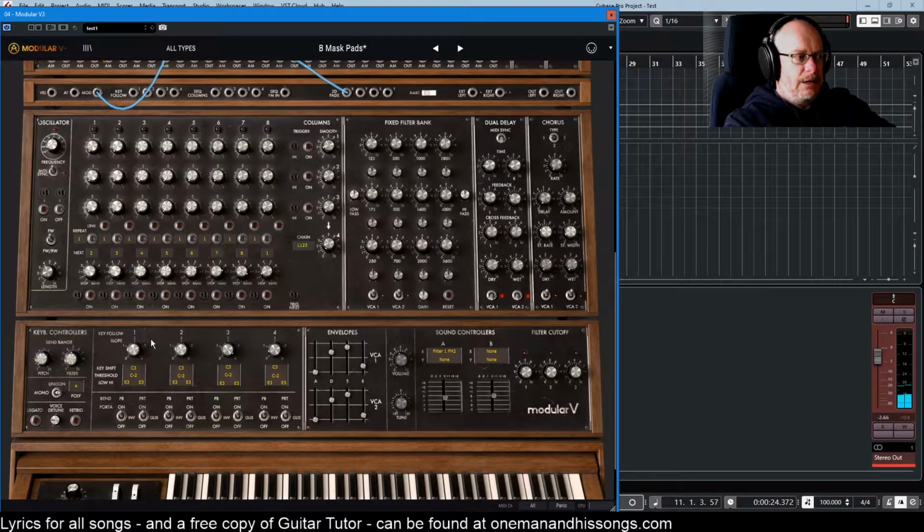So when we take that away, if we go all the way down to 0, that's the natural tone with no key follow applied. And then as we turn the key follow up, because we're playing below C3, the sound gets duller and duller and duller.